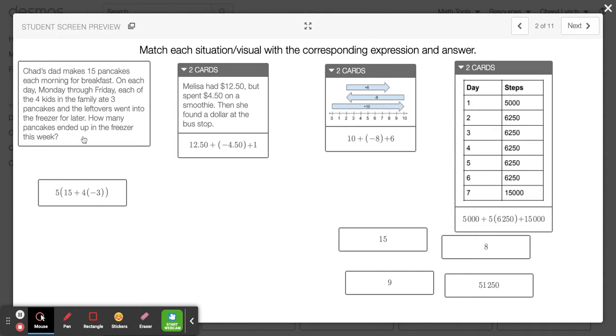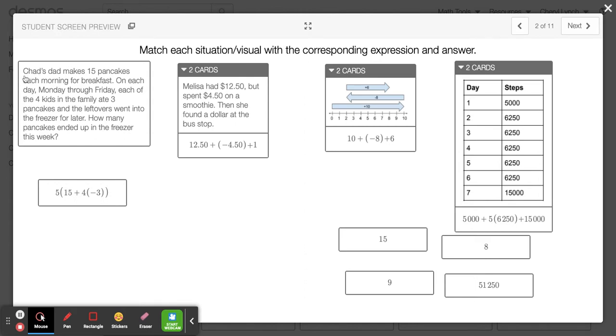Whew, that's a lot. Okay, let's break it down. So we have on each day, Monday through Friday. So I know Monday, Tuesday, Wednesday, Thursday, Friday, that's 5 days. So I'm multiplying whatever I'm doing by 5 because I do it for each day. So right here, I can see my 5 is right on the outside.